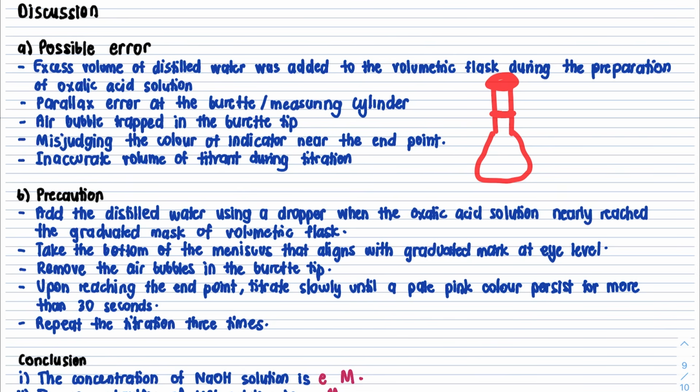Maybe the first possible error is that there is excess volume of distilled water. Once there is excess distilled water, the molarity of the oxalic acid would be further away from the theoretical value. So that's the first possible error that may occur.